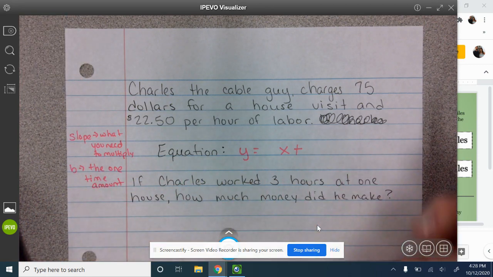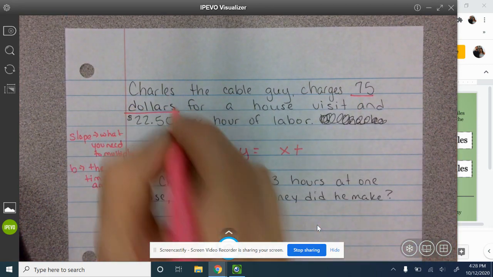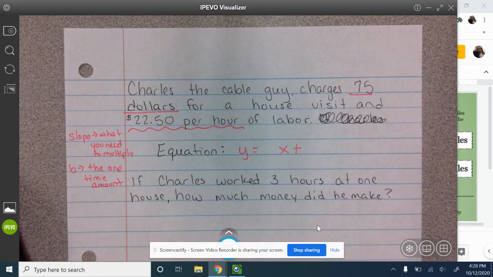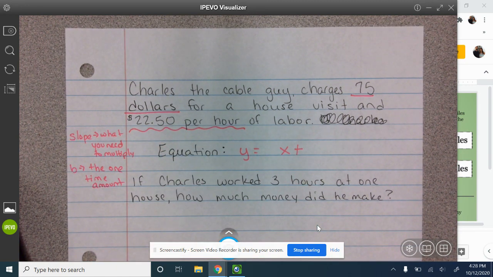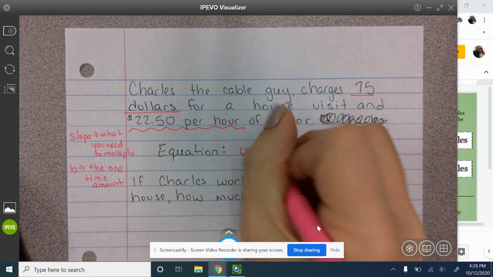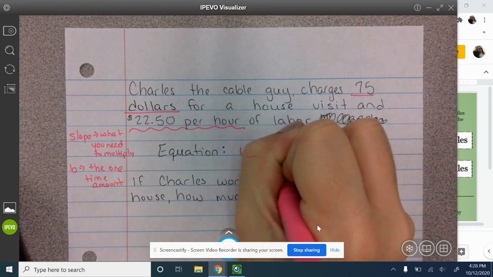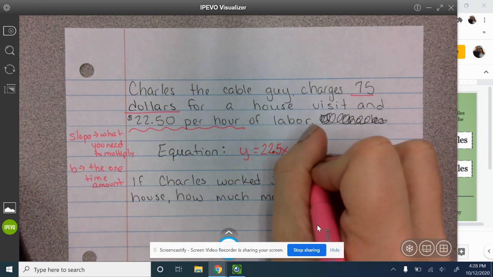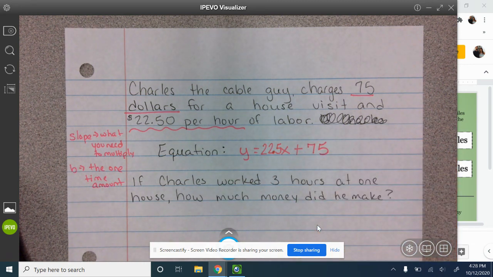If I look at this, we're charged $75 just for coming to the house, and then $22.50 per hour. That's the amount that's going to change, and we're going to have to multiply based on how many hours you're there. So that will be your slope. So $22.50 is my slope, and 75 is my b value, because even if the guy is there for 1 minute, he's charging you $75 because he came for a house visit.